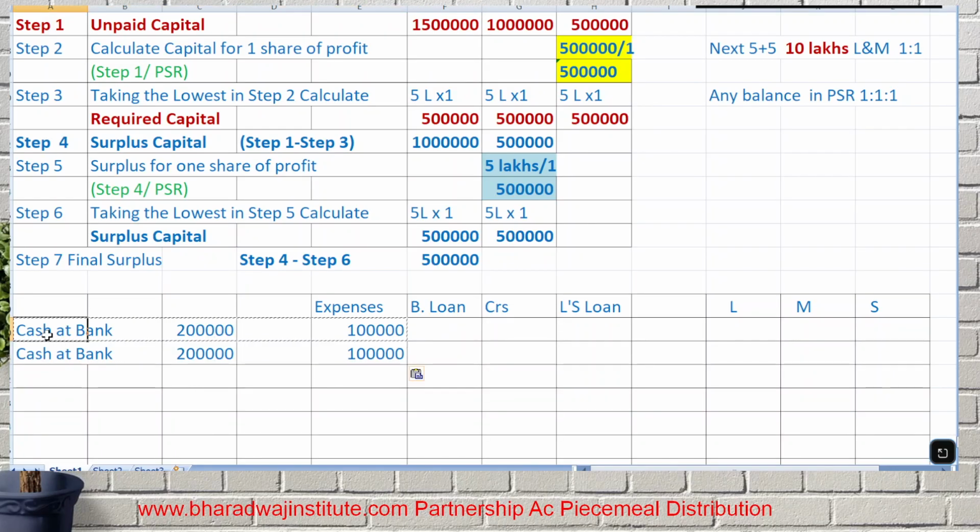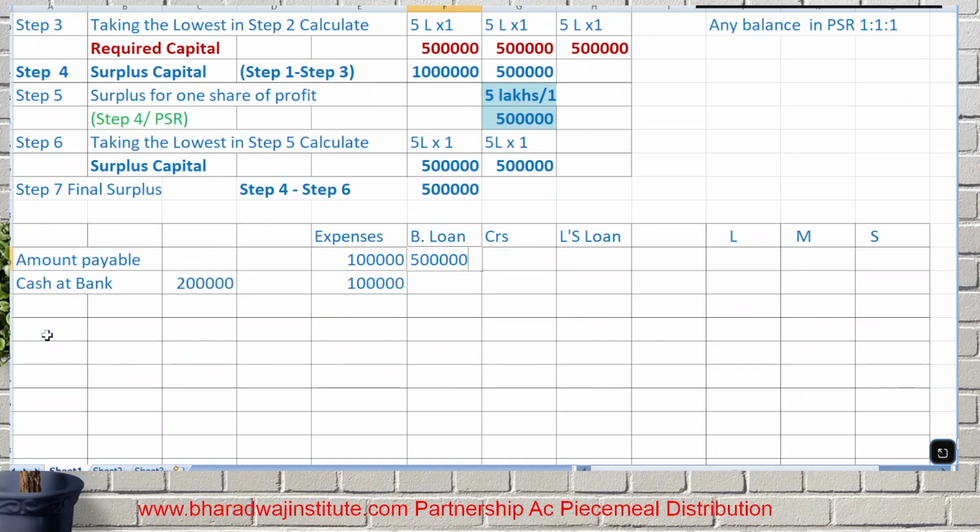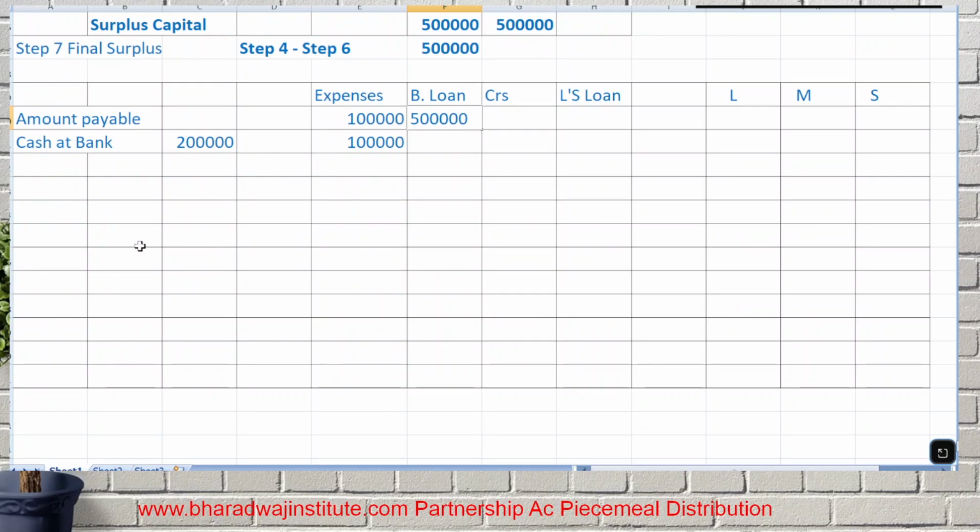Before this, let us work out the amount payable. How much is the expense payable? 1 lakh, for the chartered accountants firm. Then B's loan is 5 lakhs. Bank loan 5 lakhs.